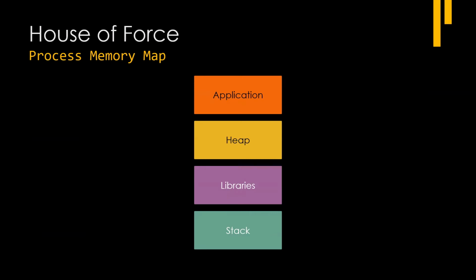Typically in x86 Linux, you'll have the application itself at the lower addresses, so the binary where our target data is, often followed by the heap in a region known as the program break. Then a rather large gap, then the libraries, including libc itself, that libc.so shared object, and then another gap, and then the stack growing upwards.